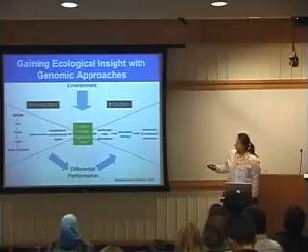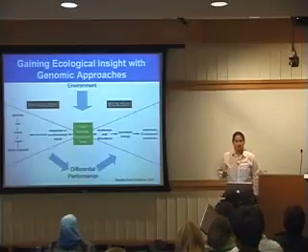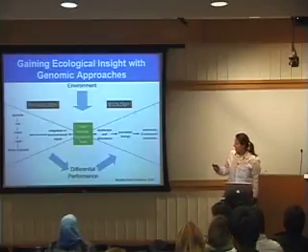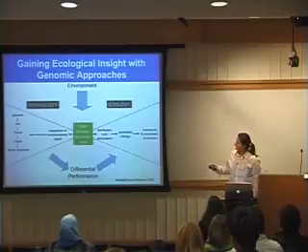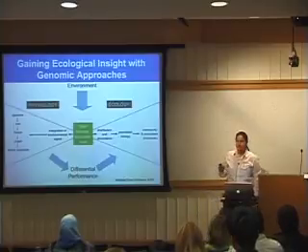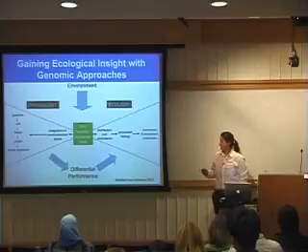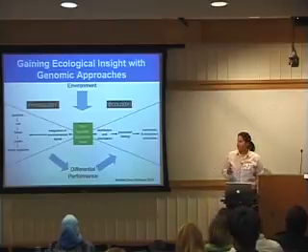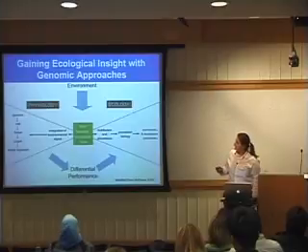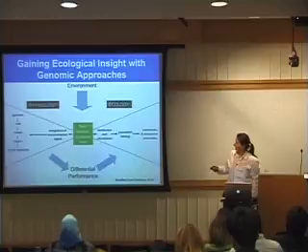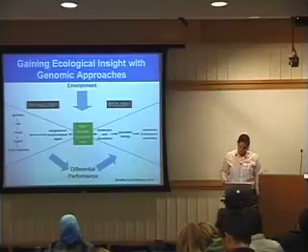Those are the sorts of things that physiologists like me are generally interested in making measurements on. And then this differential performance is transduced up into things that ecologists are usually interested in: distribution, abundance, population dynamics, those sorts of measurements. So what I want to talk to you about today is the use of genomics as a tool for measuring differential performance. And so we're going to be focusing back here in the genome section.